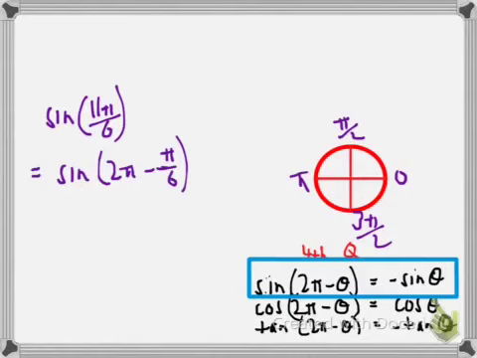Our rule says sine of 2 pi minus the angle equals negative sine of that angle. So it's going to be negative sine pi on 6, equals negative sine 30, and that is negative a half.